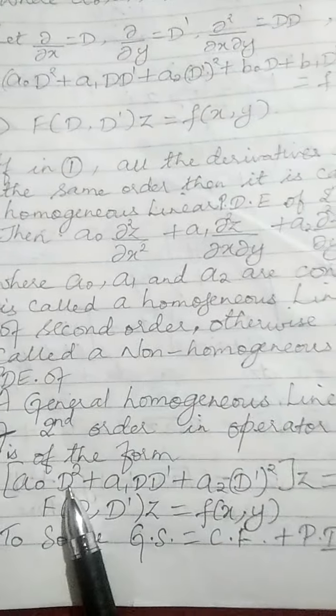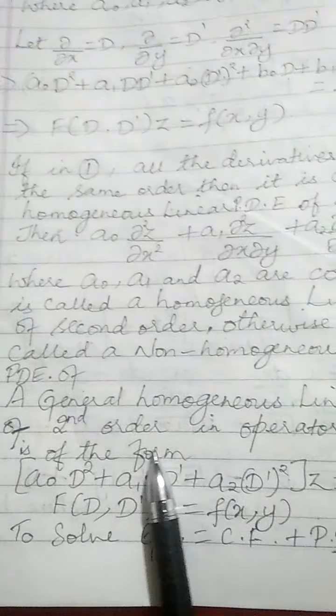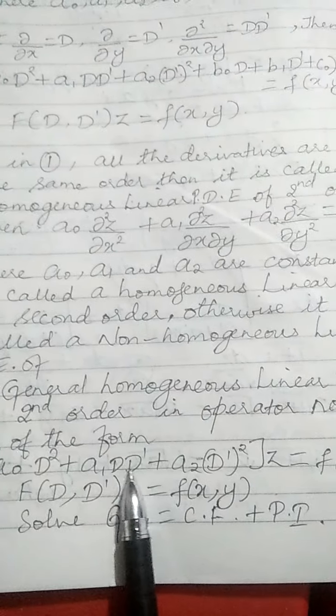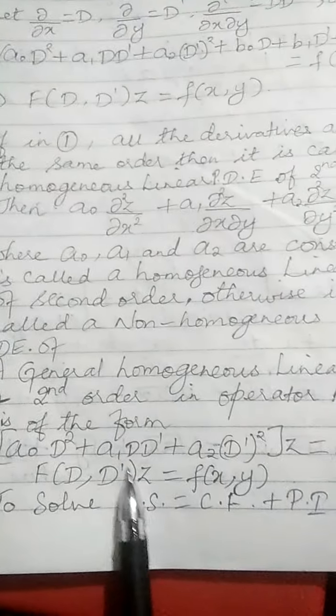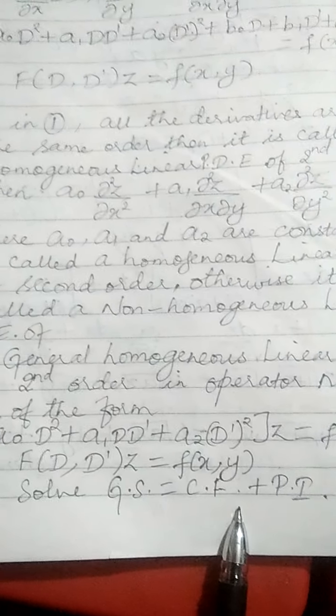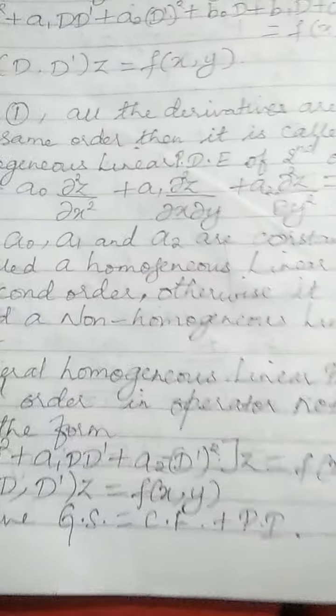For a general homogeneous linear PDE of second order, the operator notation is (a0 D² + a1 DD' + a2 D'²) z = f(x,y), that is, f(D, D') z = f(x,y). Now to solve this, the general solution is equal to complementary function plus particular integral.